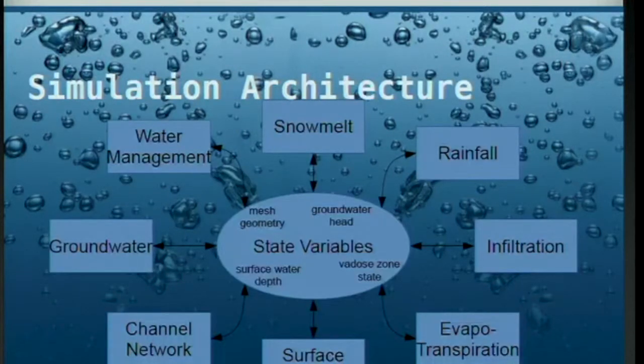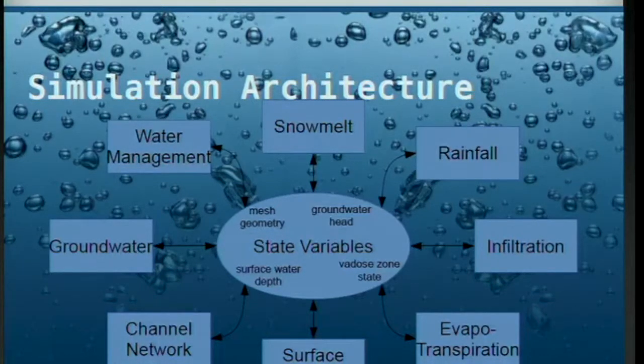So here's basically the overall architecture. We have these physics modules, which are the rectangles around the edge. Snow melts, rain falls, it soaks in, some of it evaporates, the plants transpire water. And then you have water running off over the surface through channels like streams, running laterally as groundwater underground.